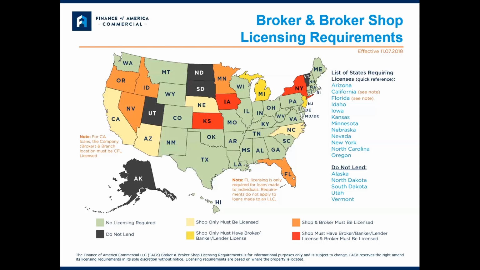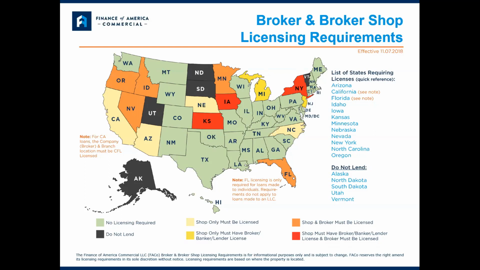And the license is different. So we're not talking about the same license as the NMLS. What we're talking about is a commercial license. And so that's why it's important to understand this. It doesn't mean you can't do these types of loans. It just means that, say you're in Kansas, your shop must have a broker, banker, lender license, and the broker must be licensed.